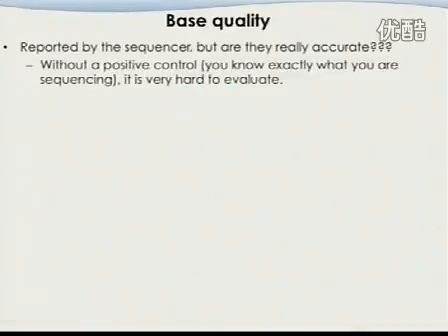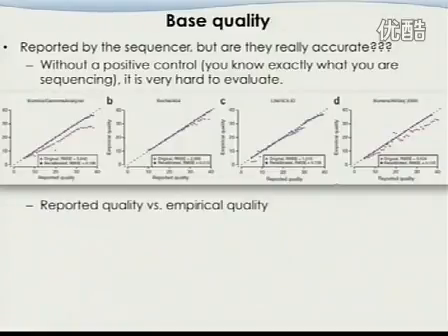And the base quality reported by the sequencer, are they really accurate? Without a positive control, it's really hard to evaluate whether they are accurate or not. The positive control meaning you know exactly what you are sequencing, which will never be the case, right? But without a positive control, it's hard to evaluate.